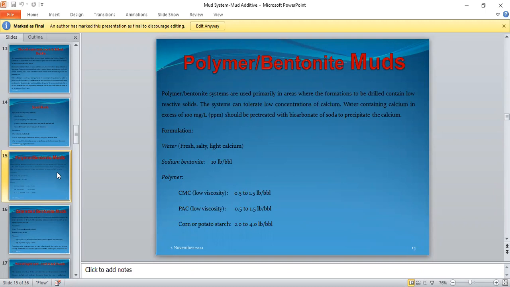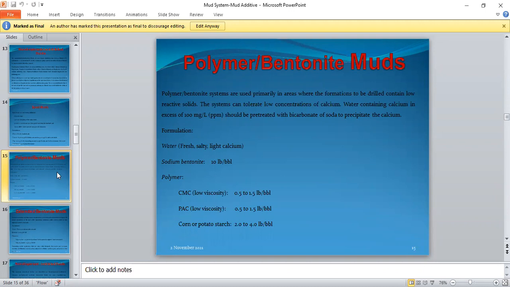The system can tolerate low concentration of calcium. Water containing calcium in excess of 100 milligram per liter should be pre-treated with bicarbonate of soda to precipitate the calcium. What we are saying here is, if you have calcium contamination, use sodium bicarbonate. When you see bicarbonate of soda, it is sodium bicarbonate they are talking about.